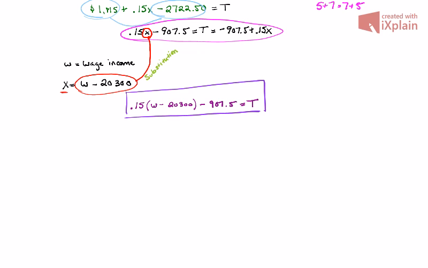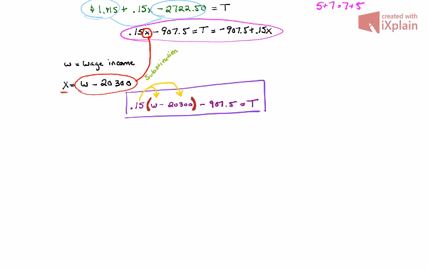Now we can clean this up further, because if you notice, and I'm going to highlight this in a burgundy here, I have a grouping, so I have parentheses again. As we had done previously in part B, I can distribute this. I can have W multiplied by 15%, and I can also multiply my 20,300 by 15%.